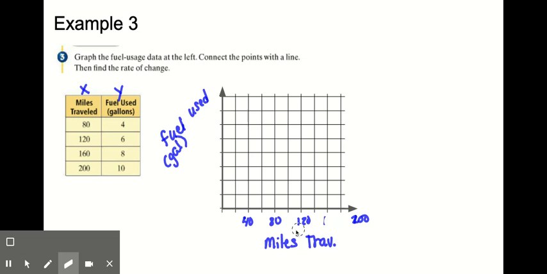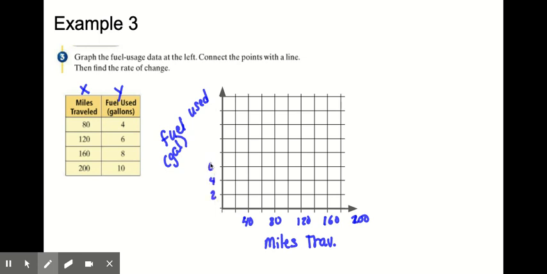That actually says 160. Okay, and fuel used. Well, let's see. I see that we're counting by twos, but we're starting at 4, so we'll count by twos. 2, 4, 6, 8, 10, 12. Okay, sure, that'll work.